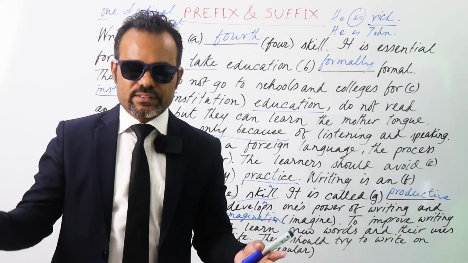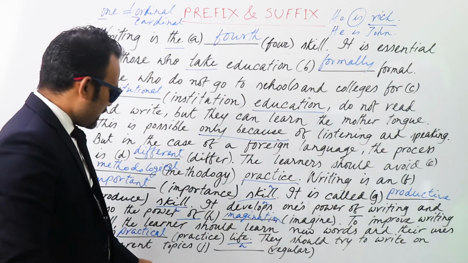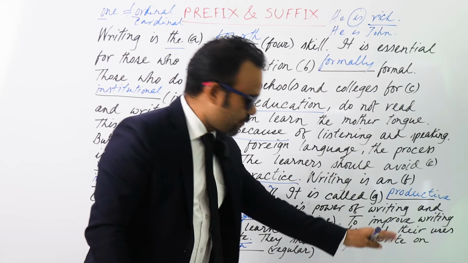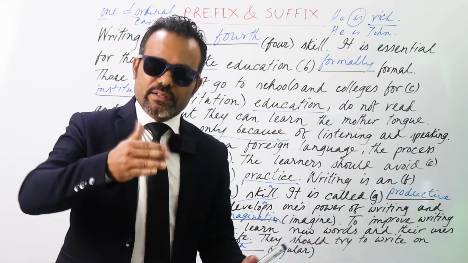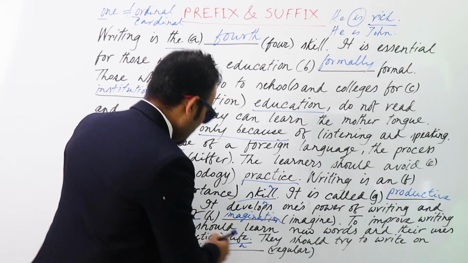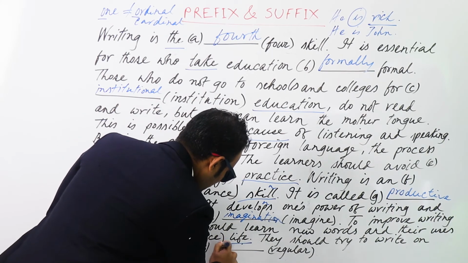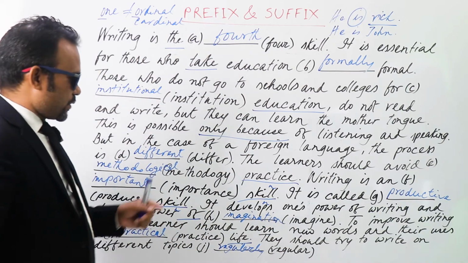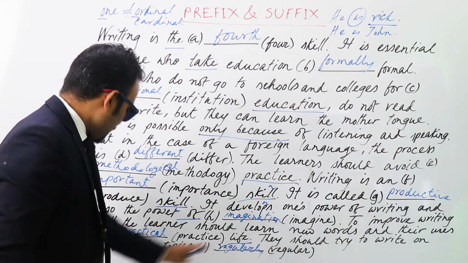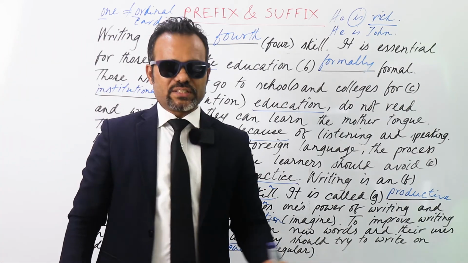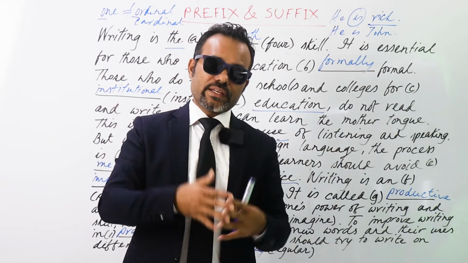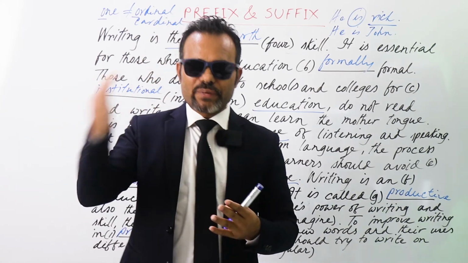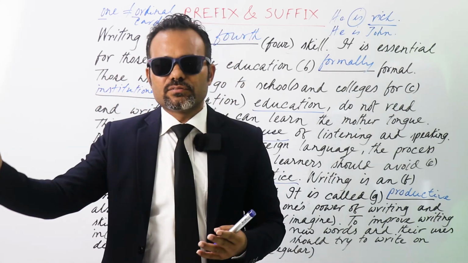We can say regularly. So regularly gives the answer of frequency, like they should try to write when, regularly. So here we are writing regularly. They should try to write on different topics regularly, because we can omit it, this is an adverb. Another way to understand it: they should try when, regularly, on a regular basis, actually giving a certain interval.